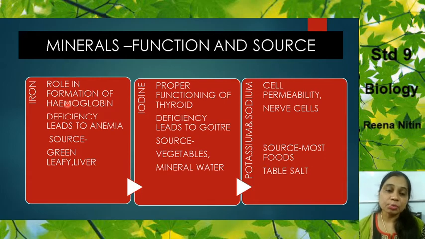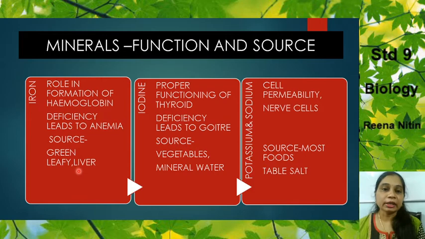It is responsible for carrying oxygen in the blood. Deficiency of iron can lead to a disease known as anemia, which can prove very harmful for the human body. The source of iron is green leafy vegetables and liver.